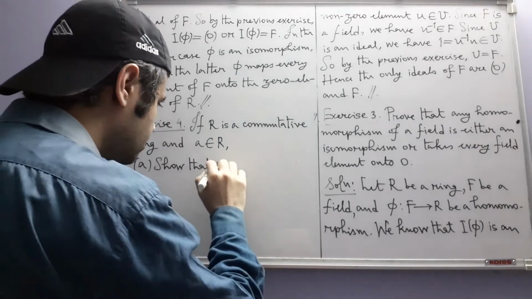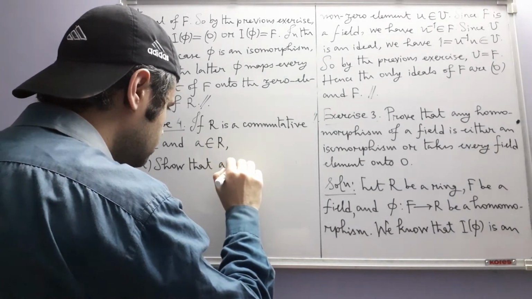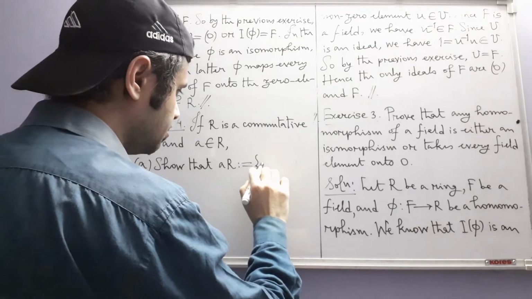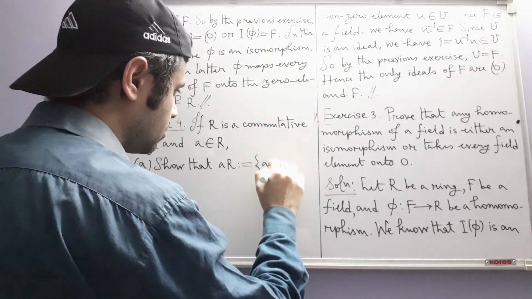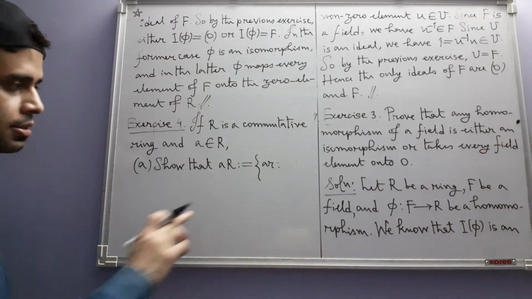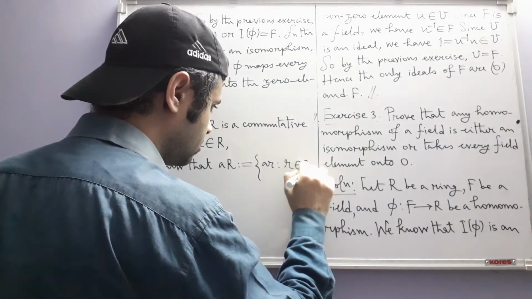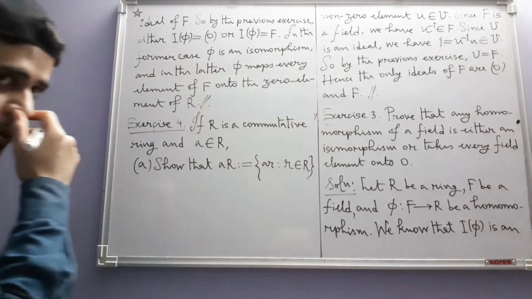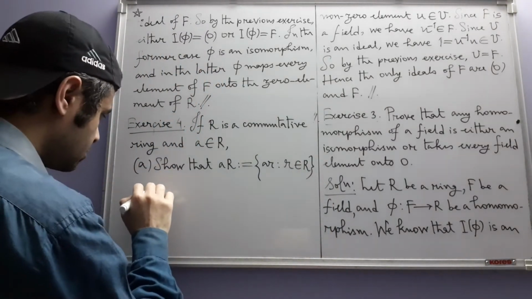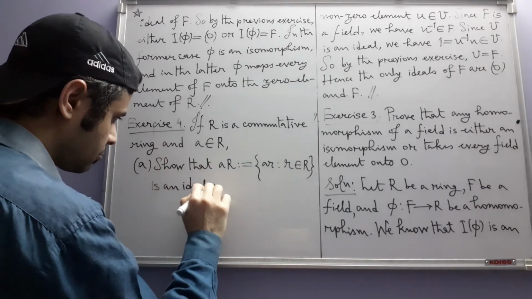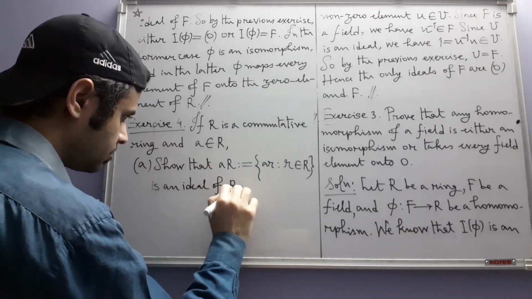A. Show that aR, by aR I mean the set of all elements which look like this, ar, where r is any ring element, is an ideal of R.